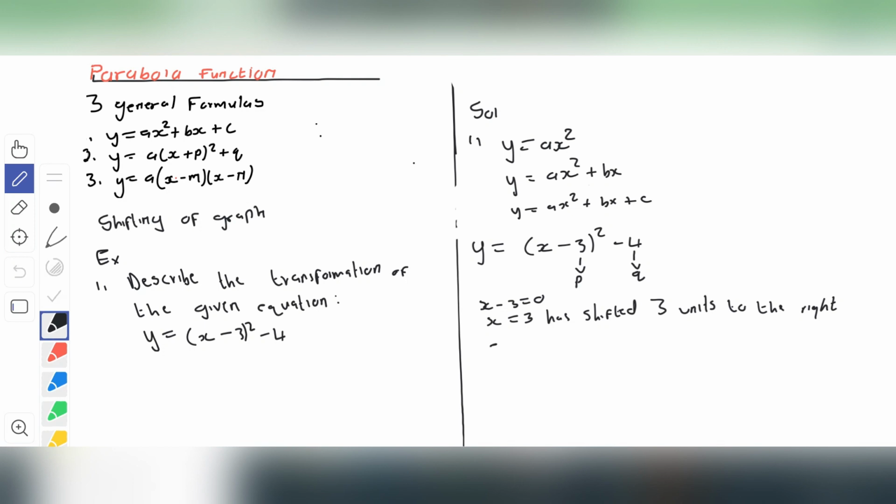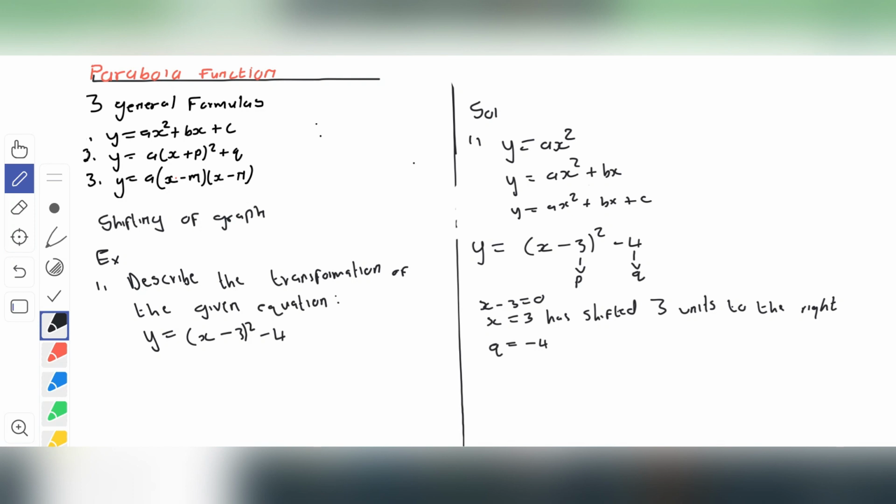What about Q? We can see that Q is negative 4, right? And if our Q is negative 4, remember that from Q, we talk about the graph shifting up or down, the vertical shift. It's either shifting going up or shifting going down.